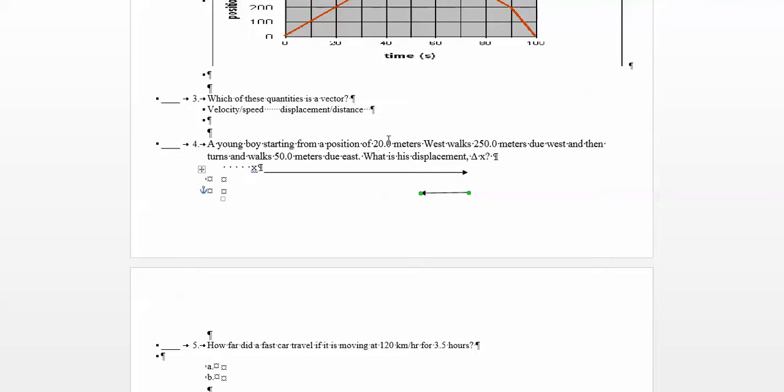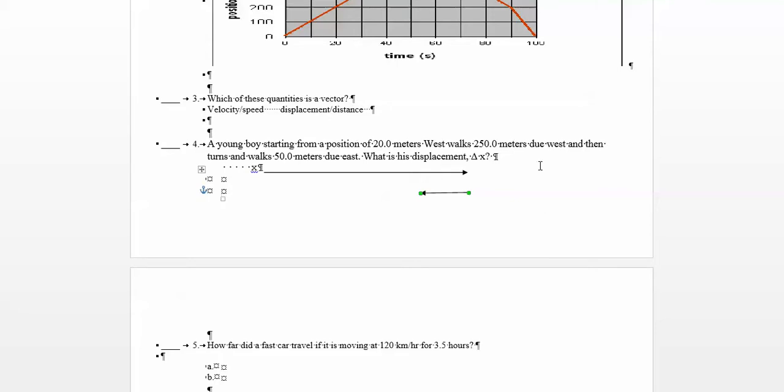20 meters west. He walks farther west, then he turns around and walks due east. Now, I know at this particular point, some of you will be saying, oh, wait a second, your arrows are pointing east, not west. When it comes to direction, you pick a convenient point for your directions to be in. They don't give us a picture. You draw your picture your own way.